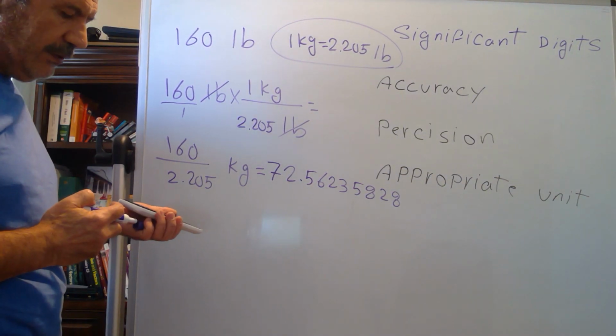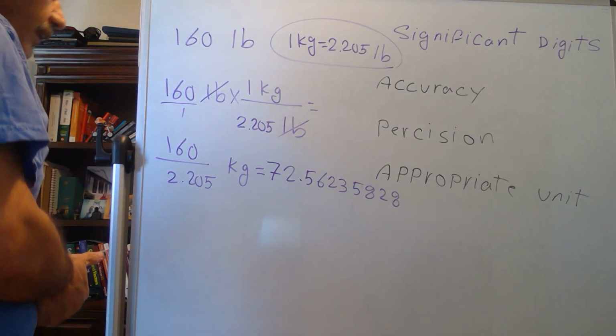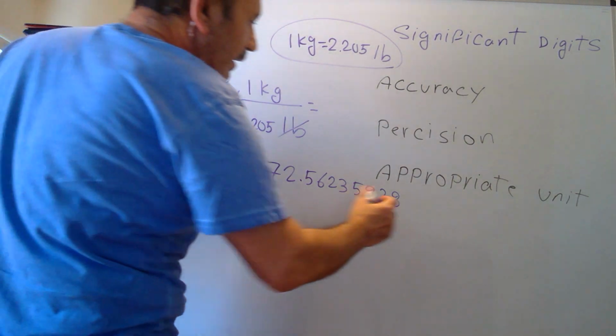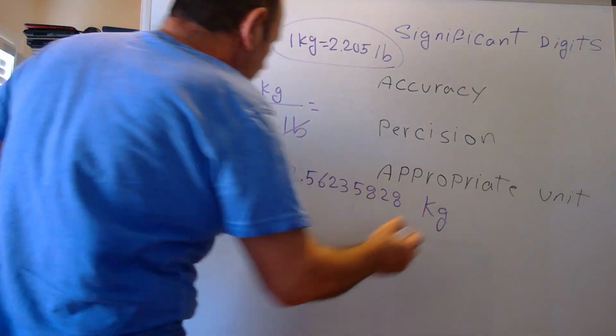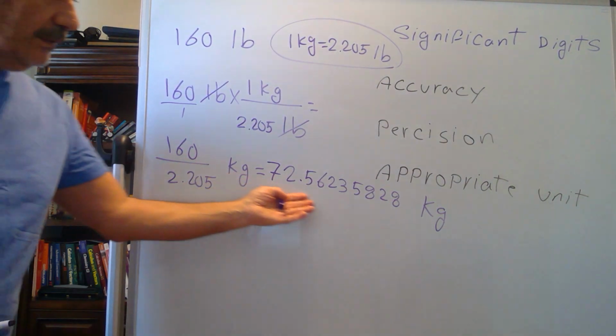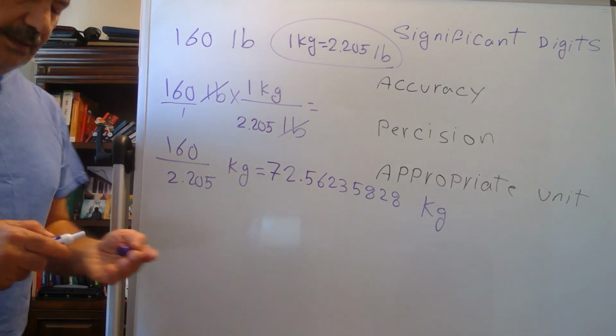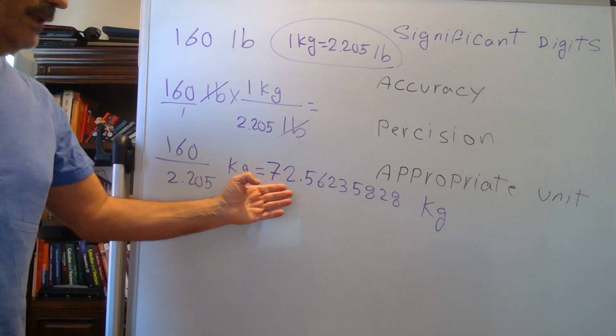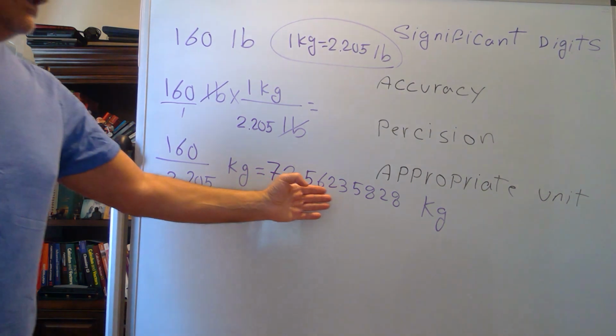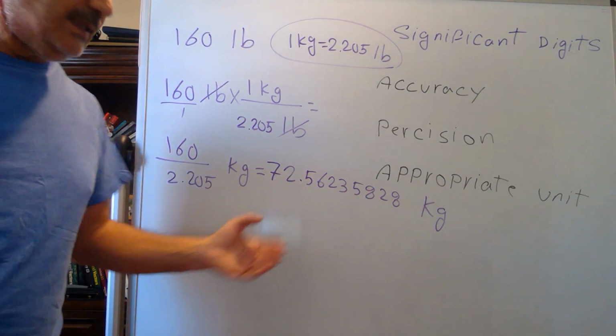The calculator doesn't have more space to show, and it is kilograms. So 160 pounds ends up to be 72.56235, almost 10 digits after the decimal.